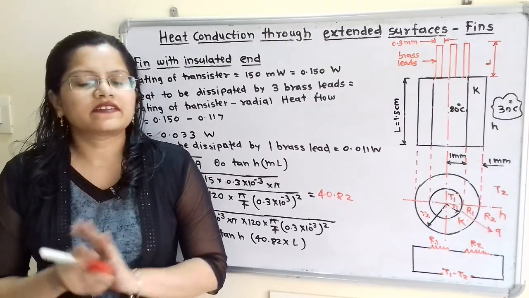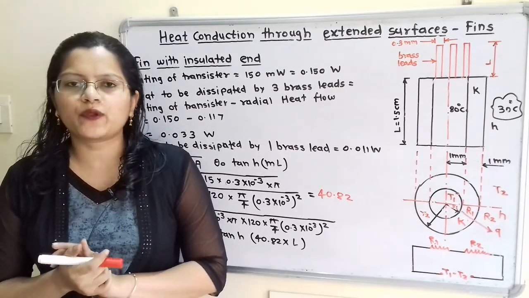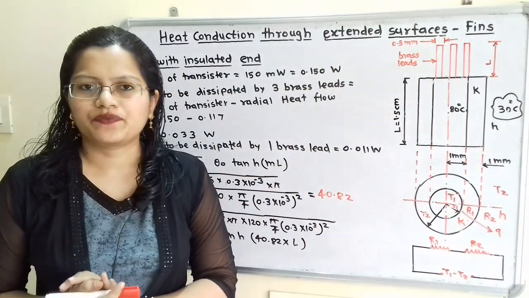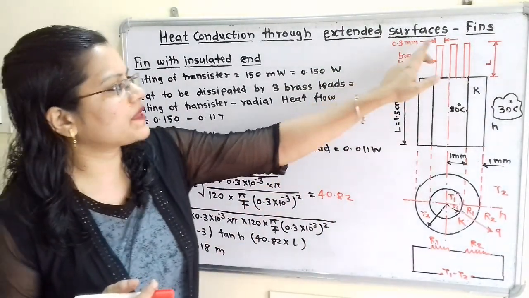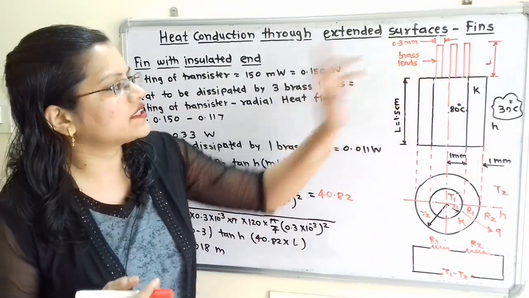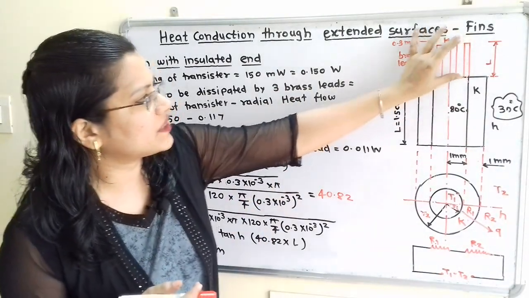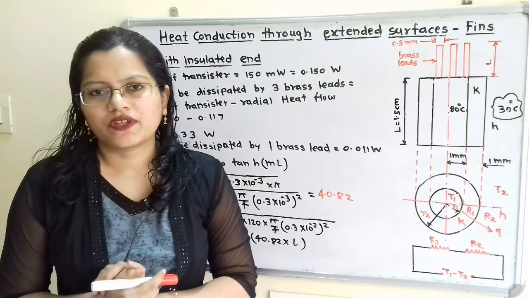It is given that the 3 brass leads are provided over this transistor to dissipate the heat, and the diameter for this brass lead is given 0.3 millimeter, and we have to find out the length for this brass lead.